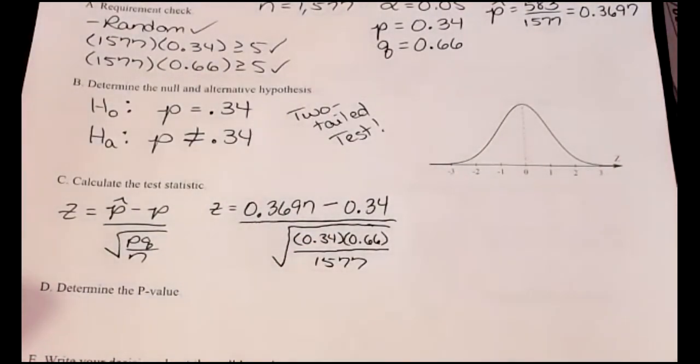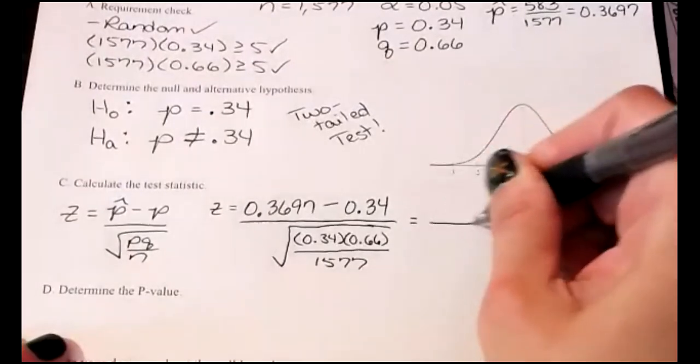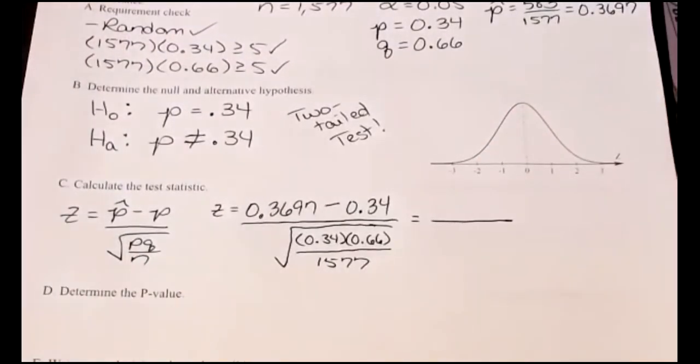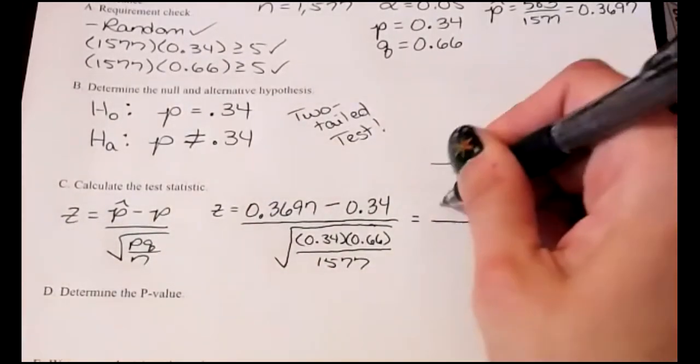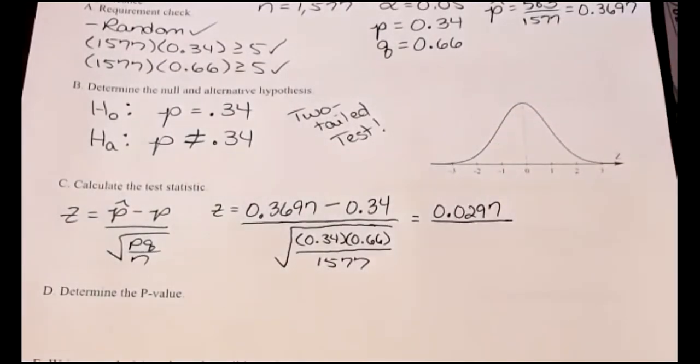When you have the numerator, would you share that with the class? 0.0297. Yeah. Thank you, Nick. Someone else, when you have the denominator, would you share that with the class?